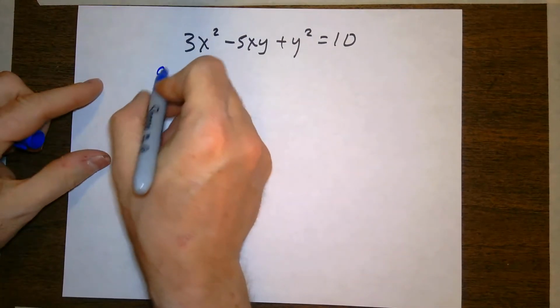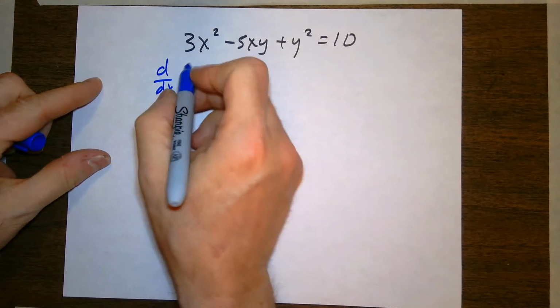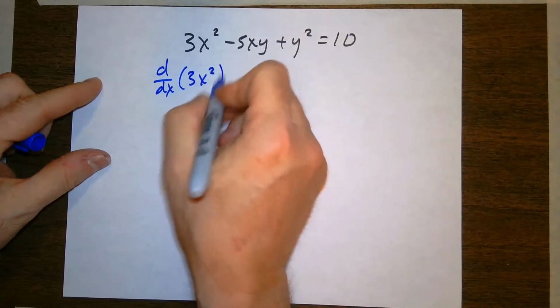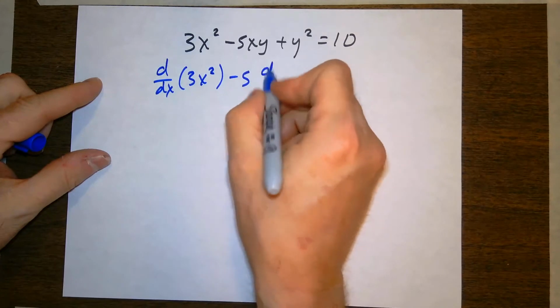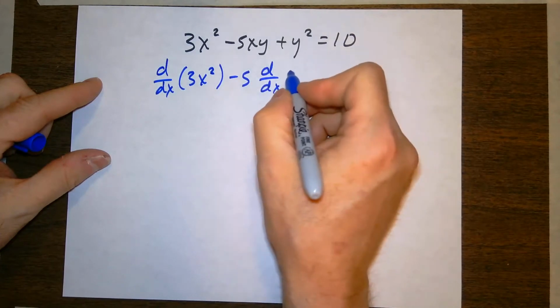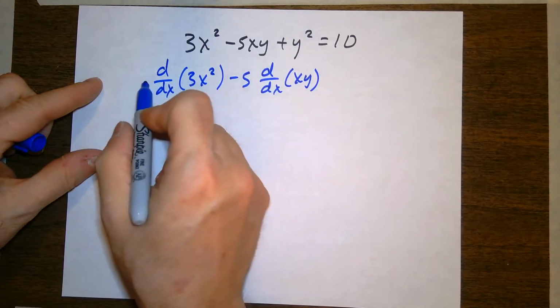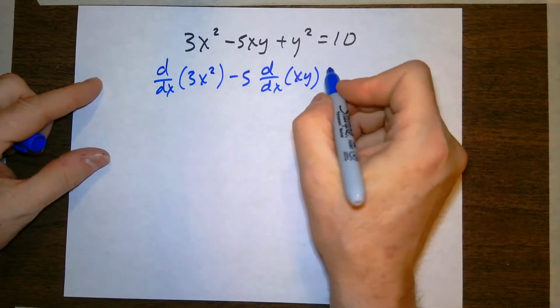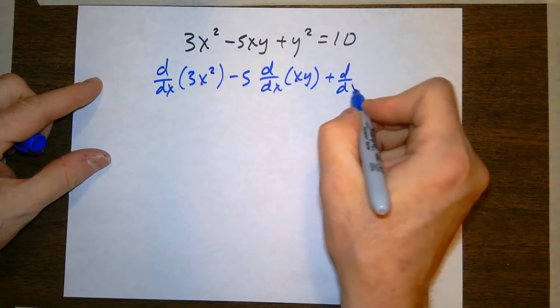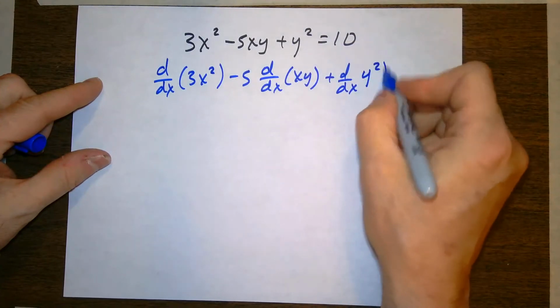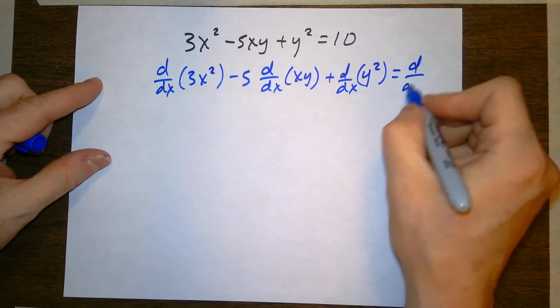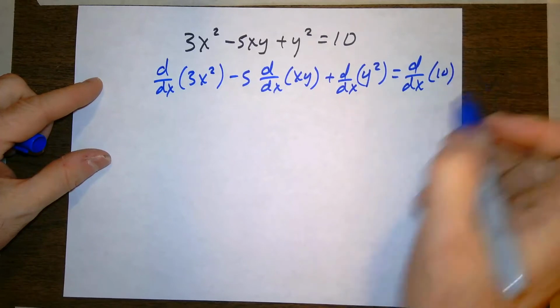So I'm going to take the derivative with respect to x of the 3x squared, minus 5 times the derivative with respect to x of the xy. Well, I factored the negative 5 out. I probably could have factored the 3 out here as well. Plus the derivative with respect to x of the y squared equals the derivative with respect to x of 10.